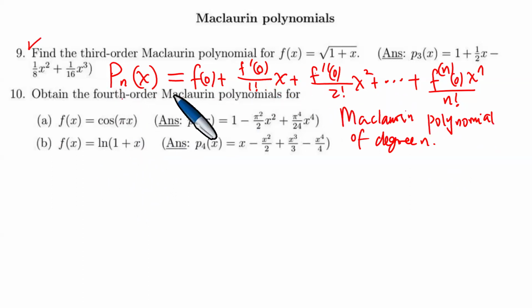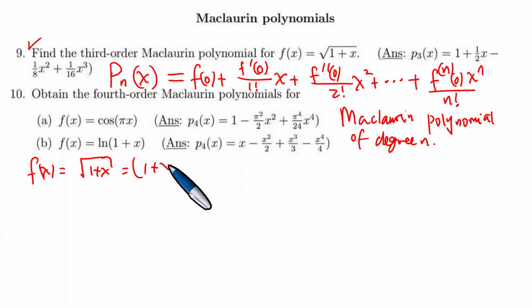Now, let us look at problem number 9. We have f of x, which is the square root of 1 plus x, which is 1 plus x to the power 1/2. Let us find some derivatives of this.